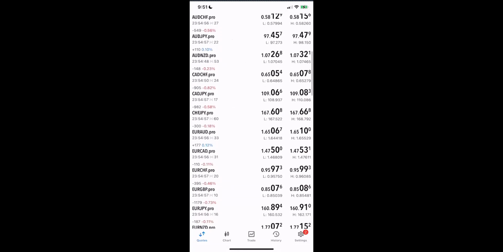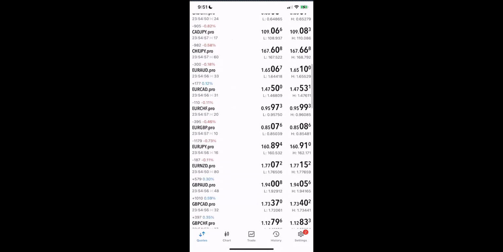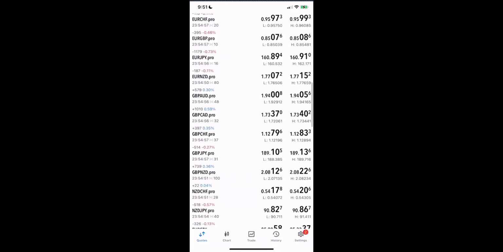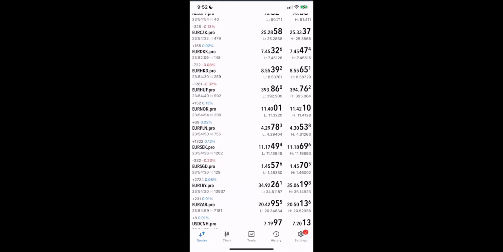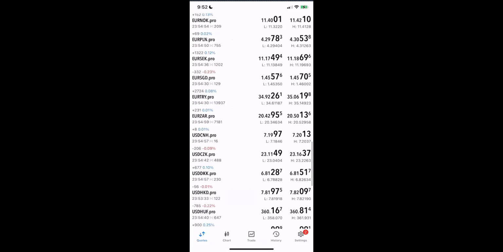You see the AUDs, the CADs, the euros, the GBPs, the NZDs all together, and it's going to make it organized for you. So when you start getting trades from the Monero, you're not scrolling through everything trying to figure out where the pair is. If you do it all nice and organized, it's going to make it nice and neat for you.